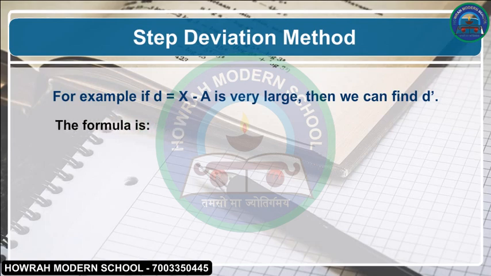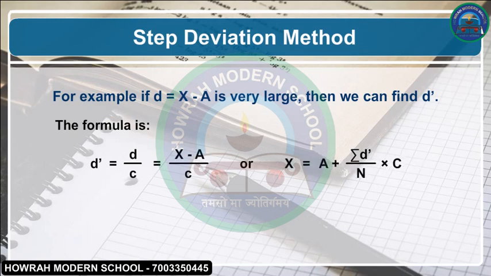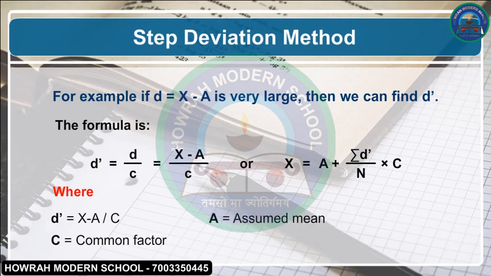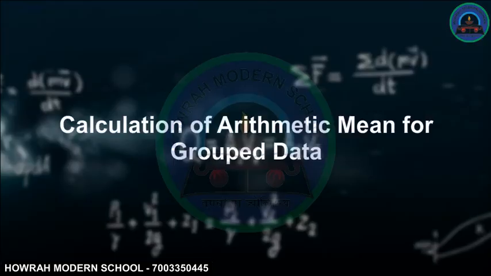The formula is d dash is equal to d upon c is equal to (x minus A) upon c, or x bar is equal to A plus (summation of d dash upon n) into c, where d dash is equal to (x minus A) upon c. C is equal to common factor. A is equal to assumed mean.